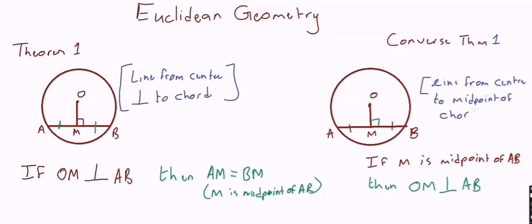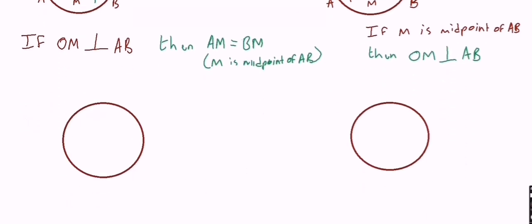So as a full statement, this is how you would state it. You'd say line from center to the midpoint of a chord is perpendicular to the chord. Okay, that is theorem 1.